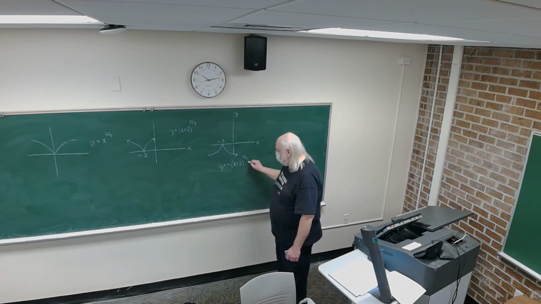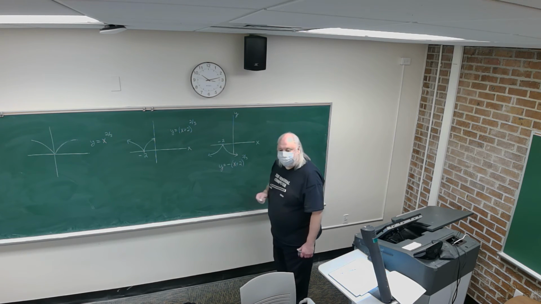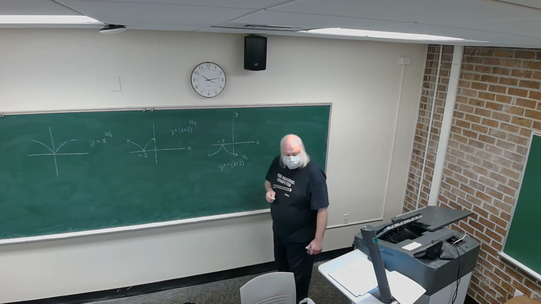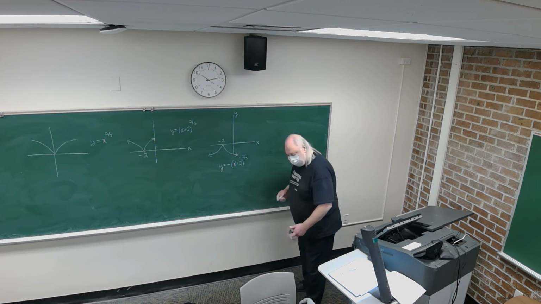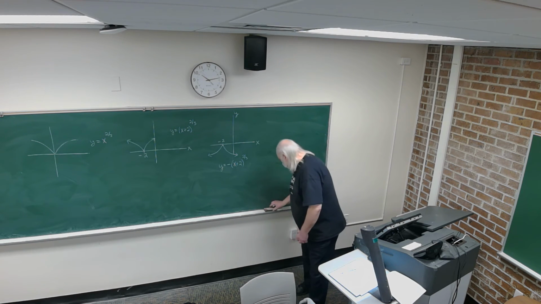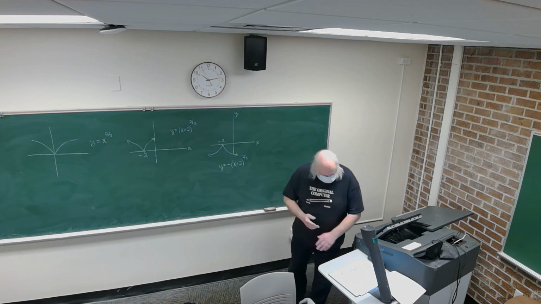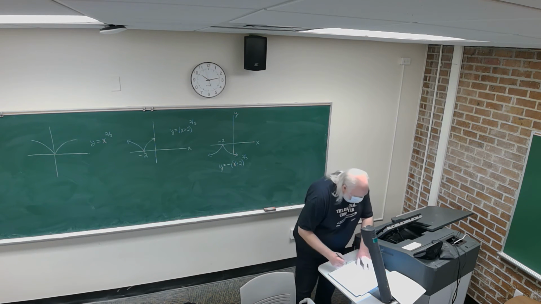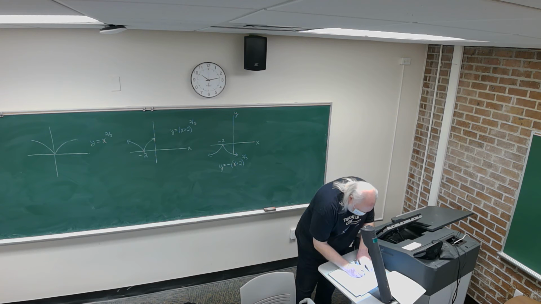Now lastly, we subtract 1 from the right-hand side, and that shifts the graph down 1 unit. And so lastly, you shift the graph down 1 unit. Here's -2.